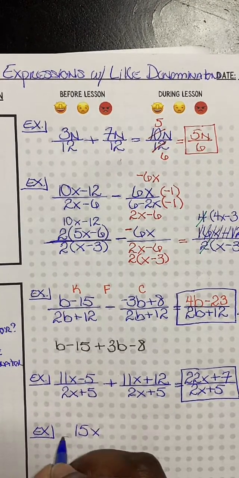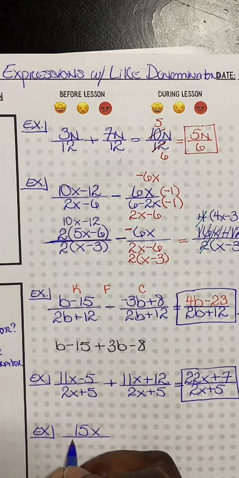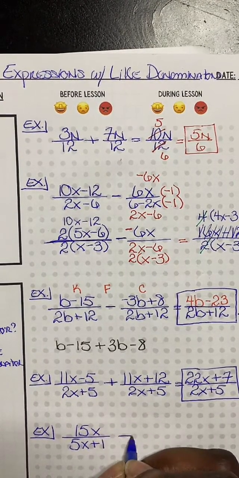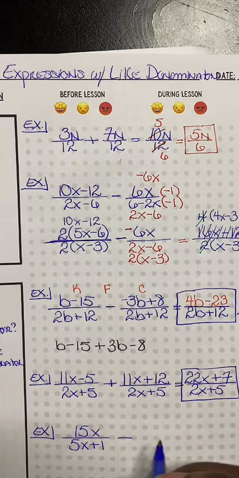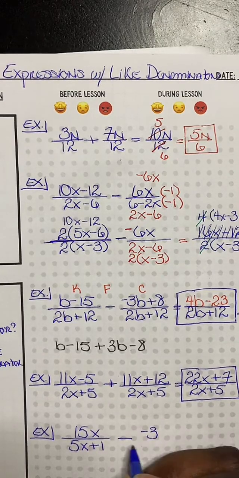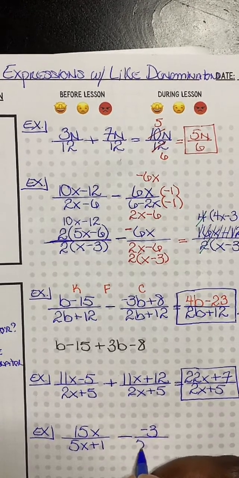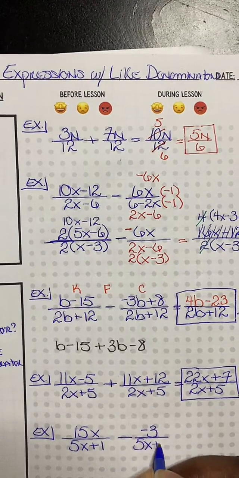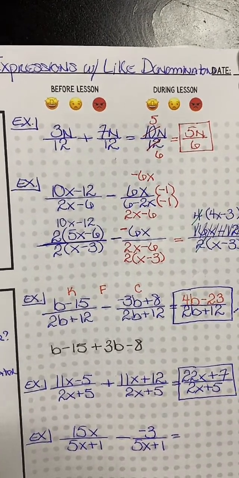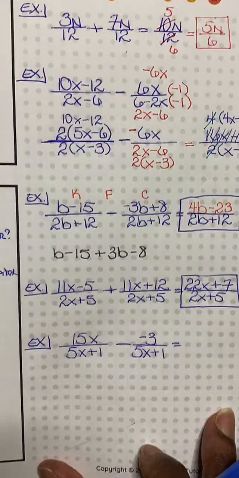So 15x over 5x plus 1. Yeah, we'll put a minus. Okay, I'm going to give you less than a minute for this one.